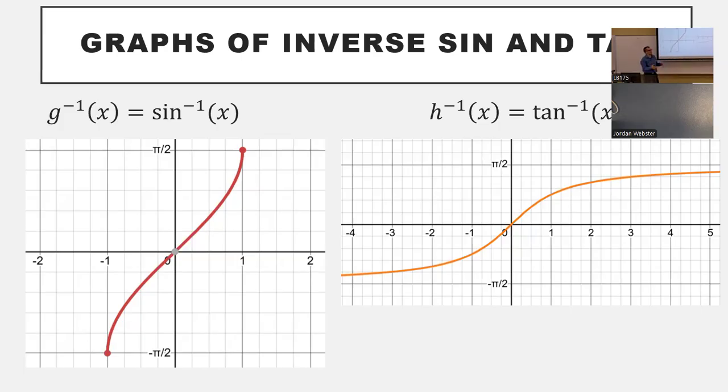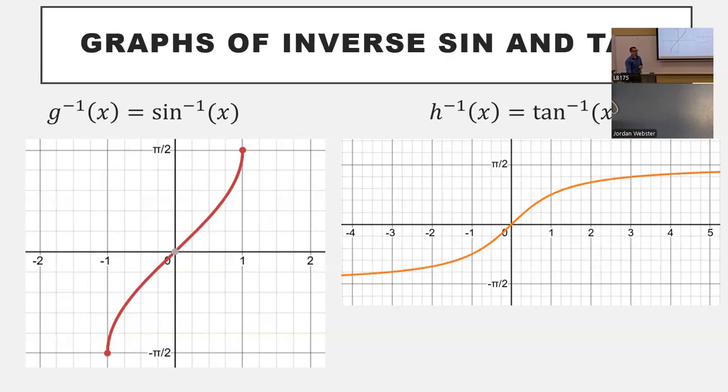And that means if I plug in a negative x into the sine inverse function, that's the same thing as the negative of the sine inverse of positive x. And that's similar with tangent as well.